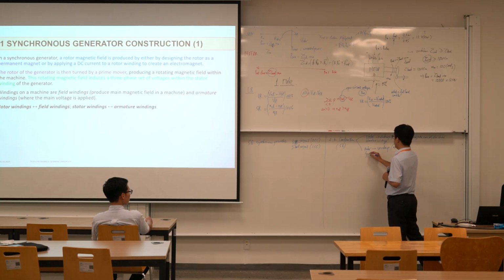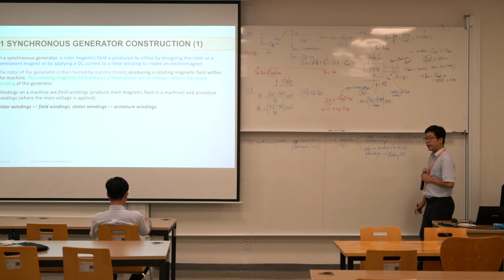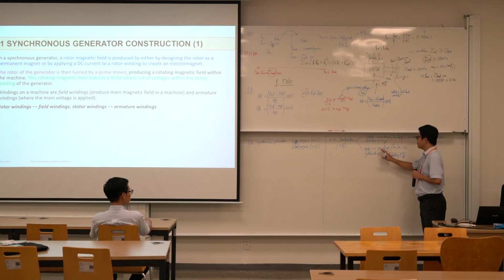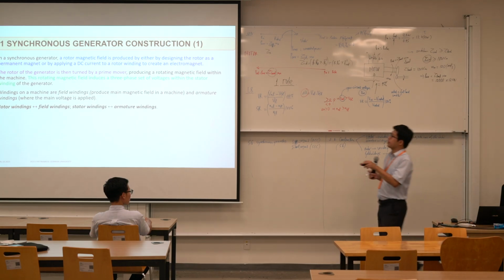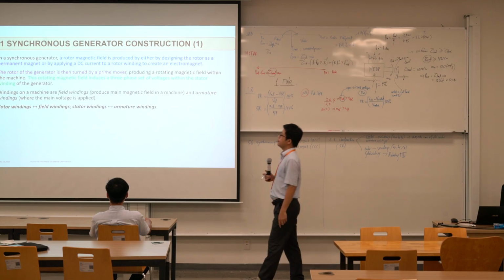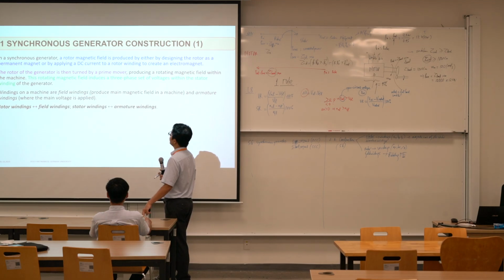Or sometimes we say this is field winding. We say field winding because the rotor winding will generate a rotating magnetic field. So sometimes we call the rotor winding the field winding. Rotor winding or field winding. Stator winding or armature winding.